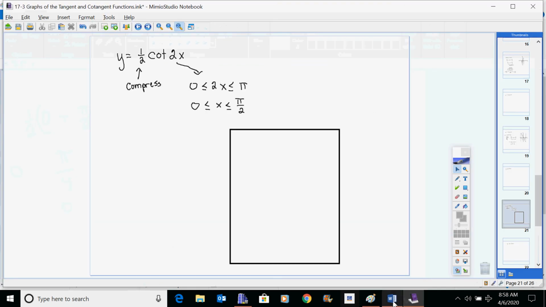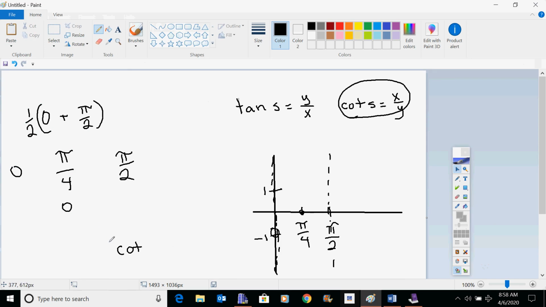Yes, 1/2 the cotangent of 2x. What that means is that instead of going up to 1 and down to -1, we're going to start up at 1/2 for y and go to -1/2.